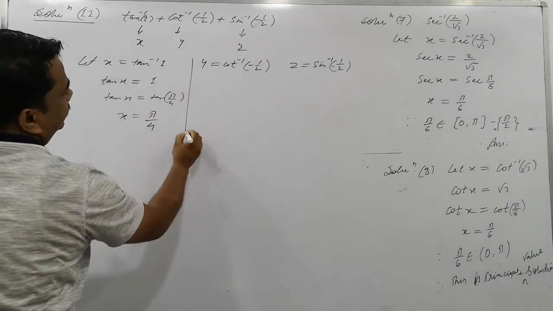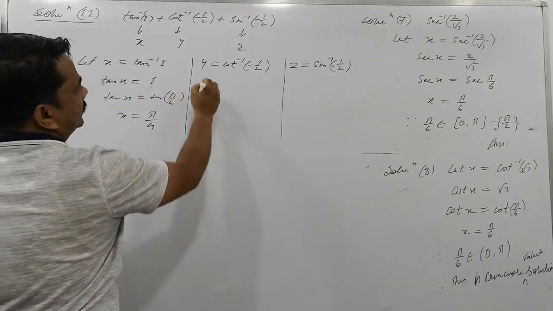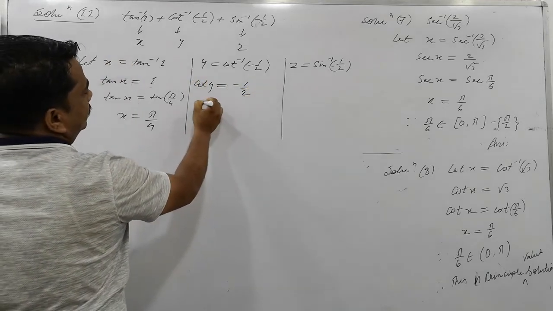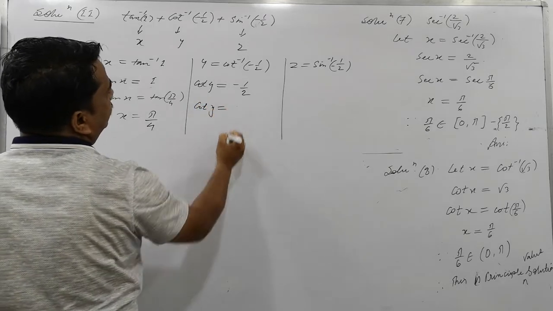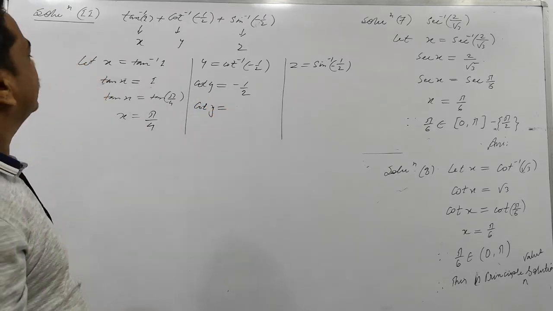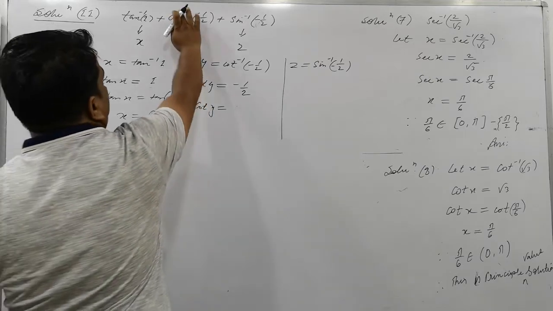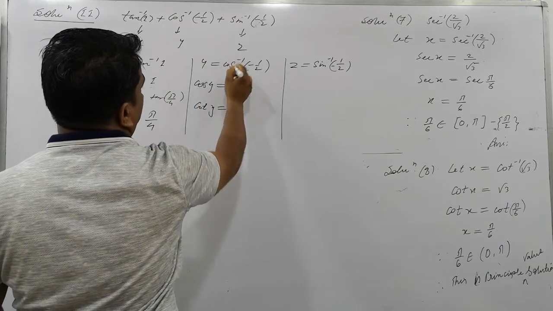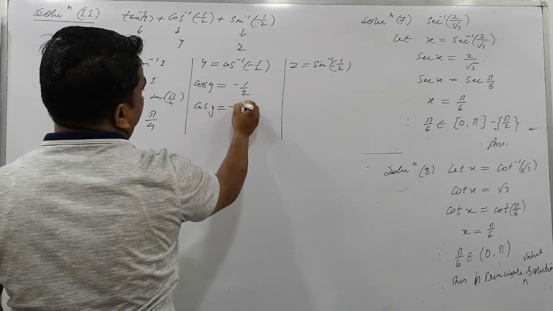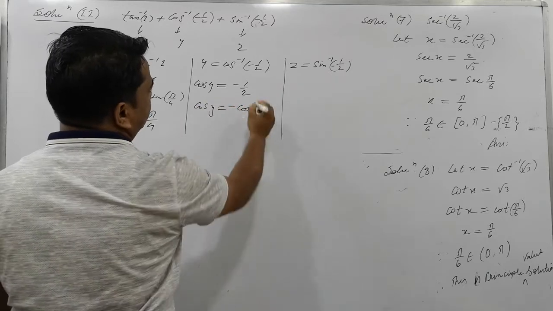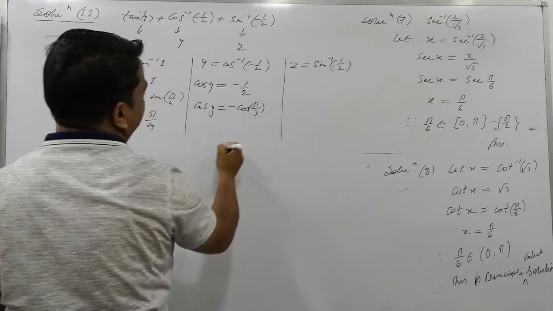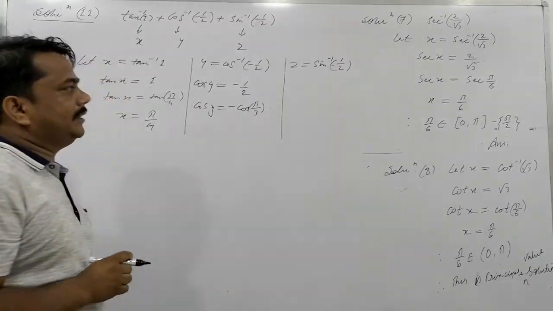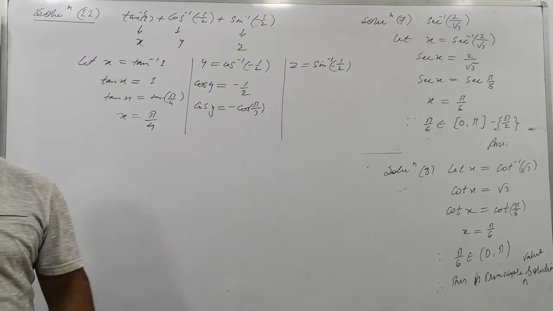Okay. Now second, cos of y is equal to minus 1 by 2. Cot or cos? It's cos, not cot. Cos function, clear? For what value does cos give you this? Cos 60, which means pi by 3. Now the minus theta formula does not work for cos.